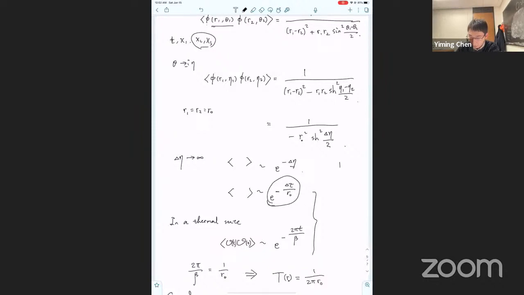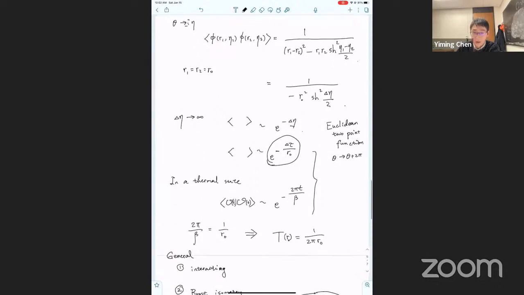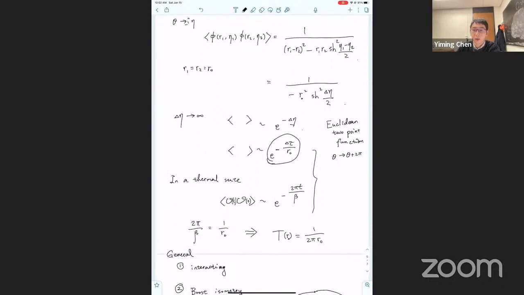The Euclidean 2-point function is periodic when theta goes to theta plus 2 pi. So for example, in a CFT, which can be a free theory or an interacting theory, the 2-point function will look like something like sine pi theta over beta, with the scaling dimension 2 delta.